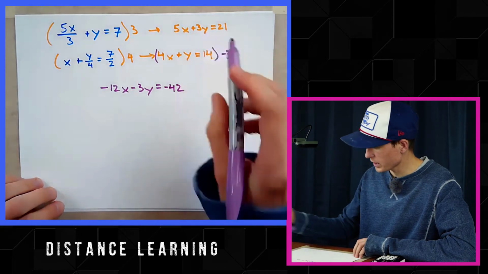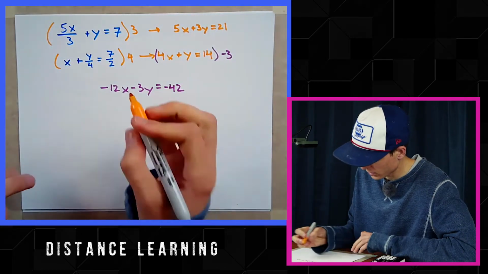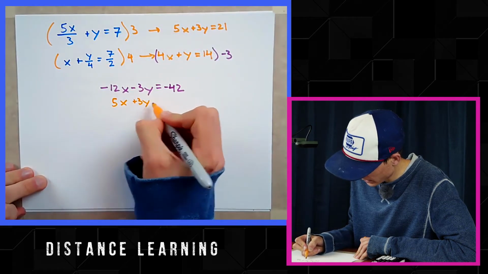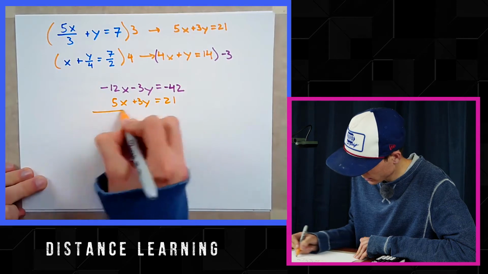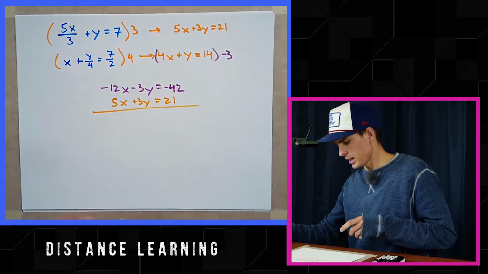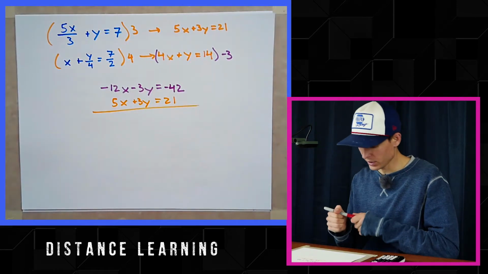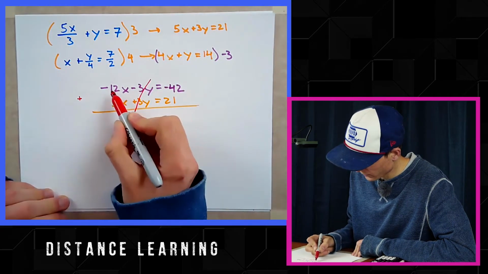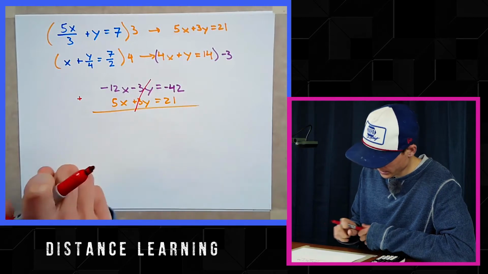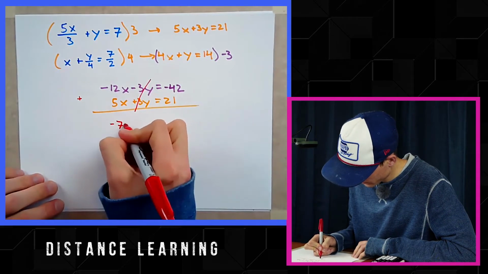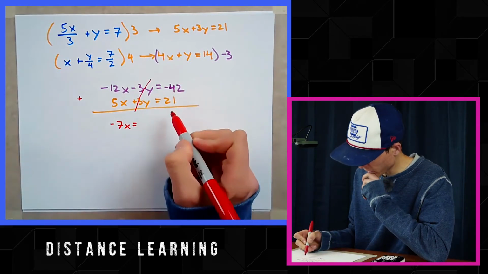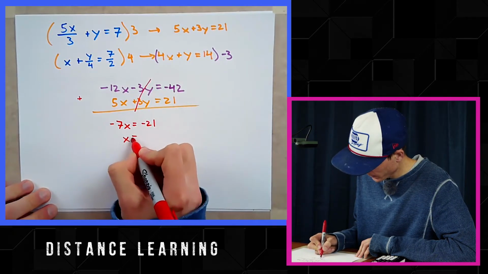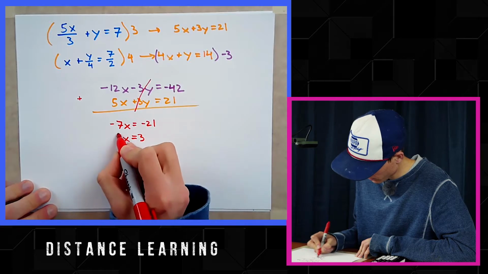And I'm going to recopy that above equation right here just to make it a little easier. And if we do this, you get cancel for adding the equations. Negative 12x plus 5x is negative 7x. Negative 42 plus 21 is negative 21. Divide by negative 7, x equals 3.